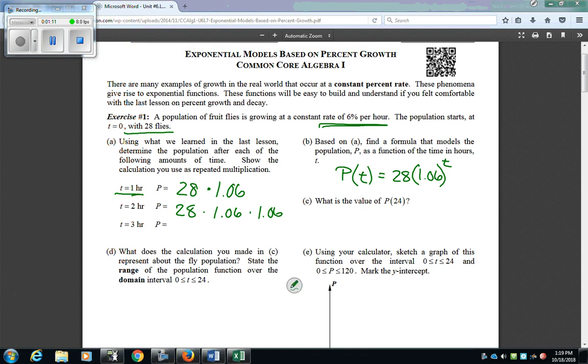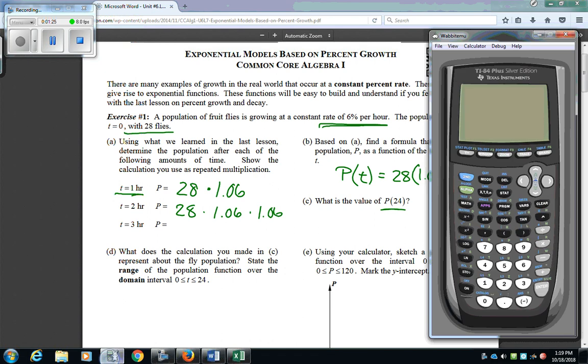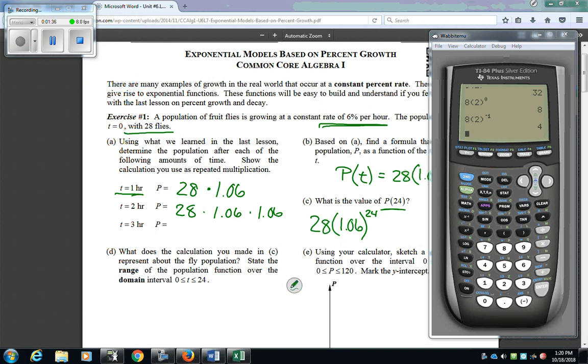But when I plug it into the graph in a little bit, you'll see that it's going to be equal to x, what I put in there. So for part c, we want the population when 24 hours have gone by. So I do 28 parentheses 1.06 with an exponent of 24.